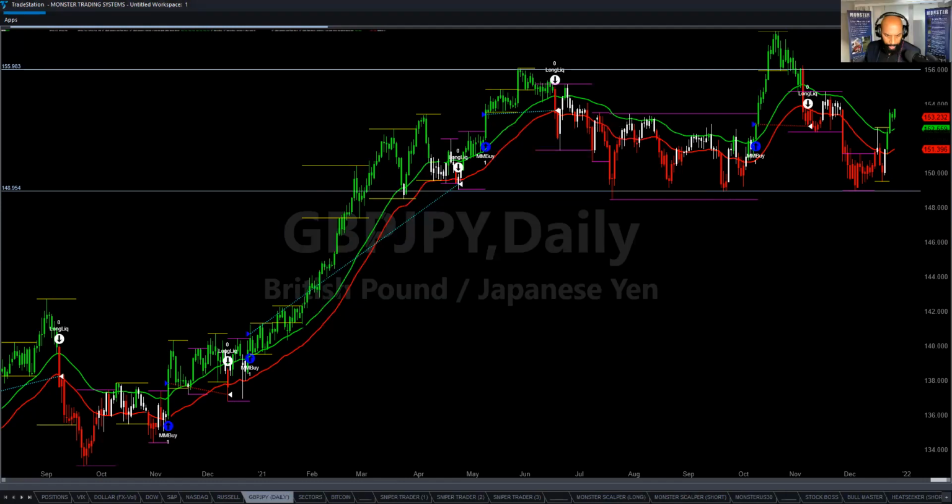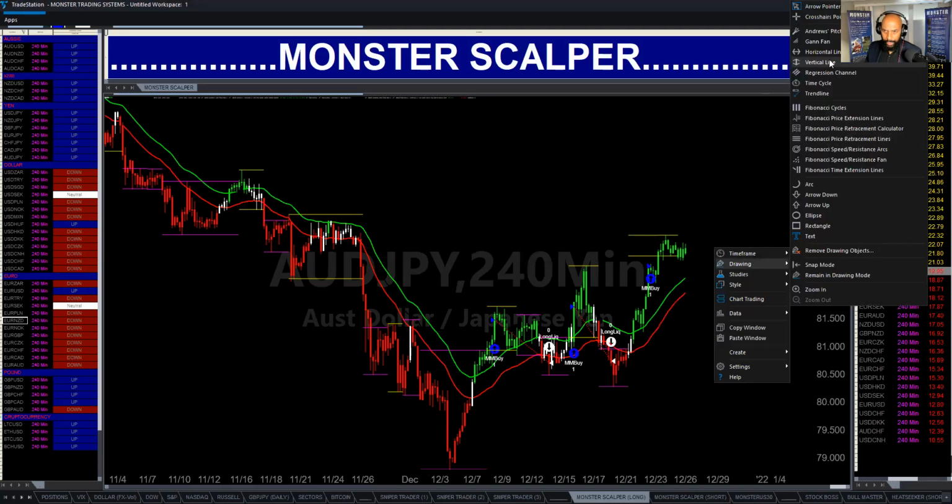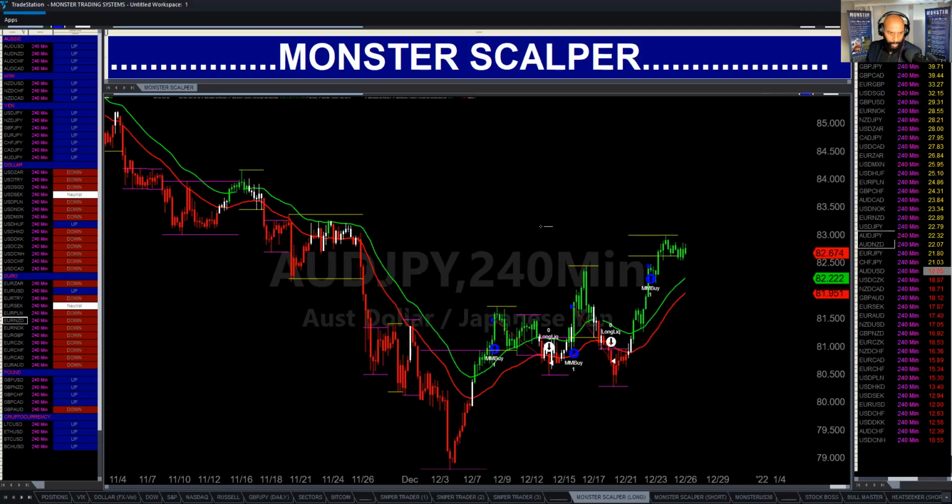The 240, yeah. Okay, so resistance at, I would say right now this is pretty strong. Previous support, so I would say right at 83. Right at 83.